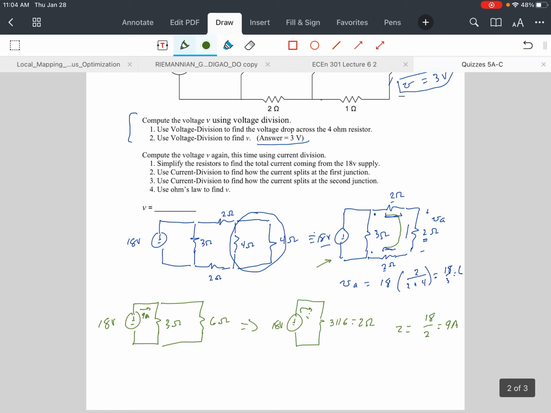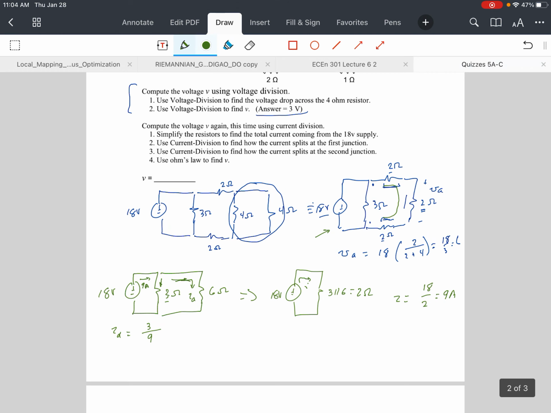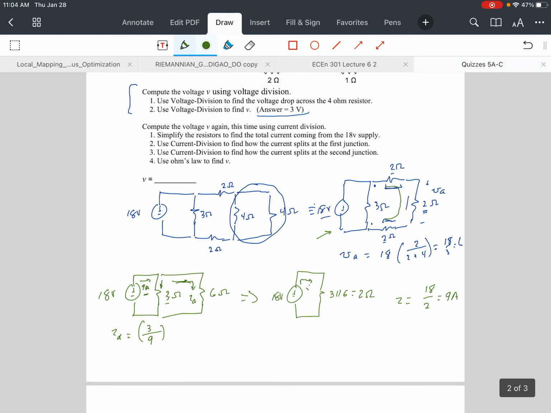Now we can do current division. The current gets split that way and this direction. Let's call this current here IA. Current division says IA is going to be this resistor, 3, divided by the sum, 9, times this current, 9.